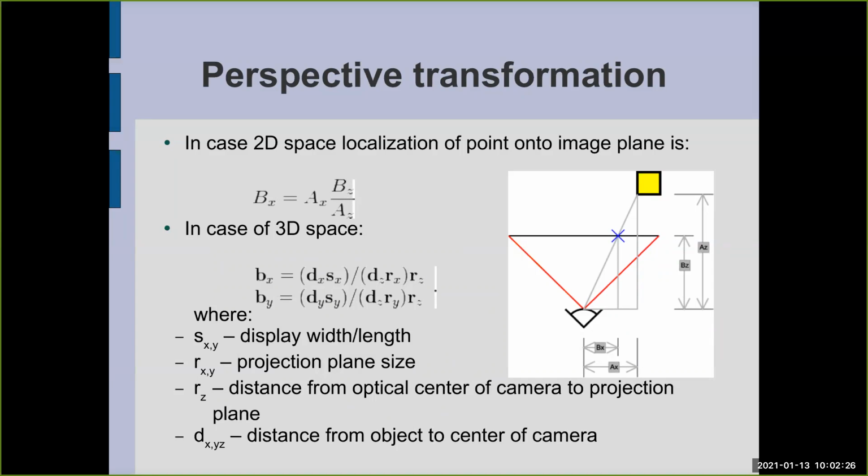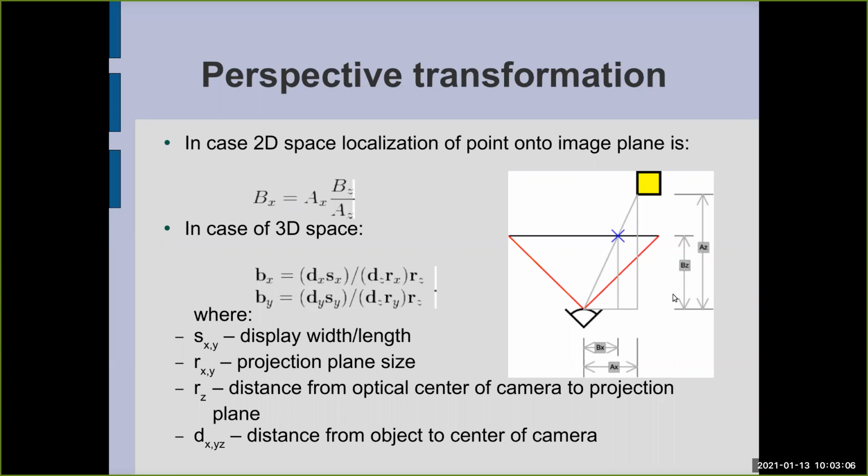It means that the objects which are farther from the focal point are smaller. It is due to the camera being a pinhole camera. So there is a single focal point, and the camera has a view angle. So the farther from the focal point, the larger area we can observe.